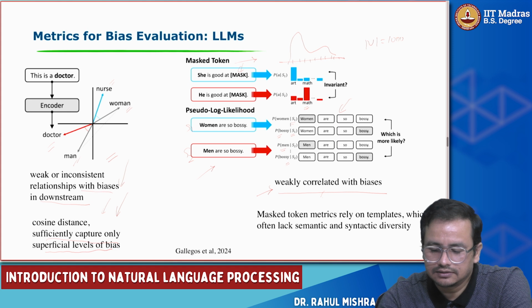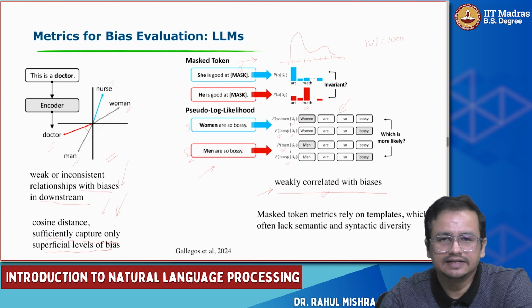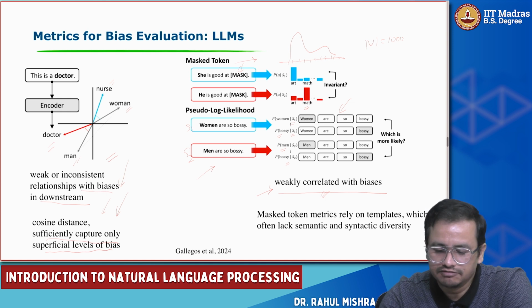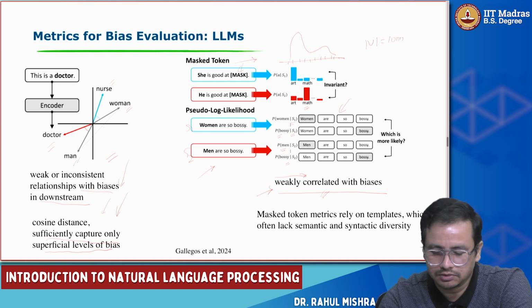Even then, it turns out that these probabilities don't reflect the real biasness. They tend to reflect some flavor of biasness, but it's not the real biasness. They found that there's a weak correlation between the biases and the probabilities, right? So that's why this metric is also not super good.